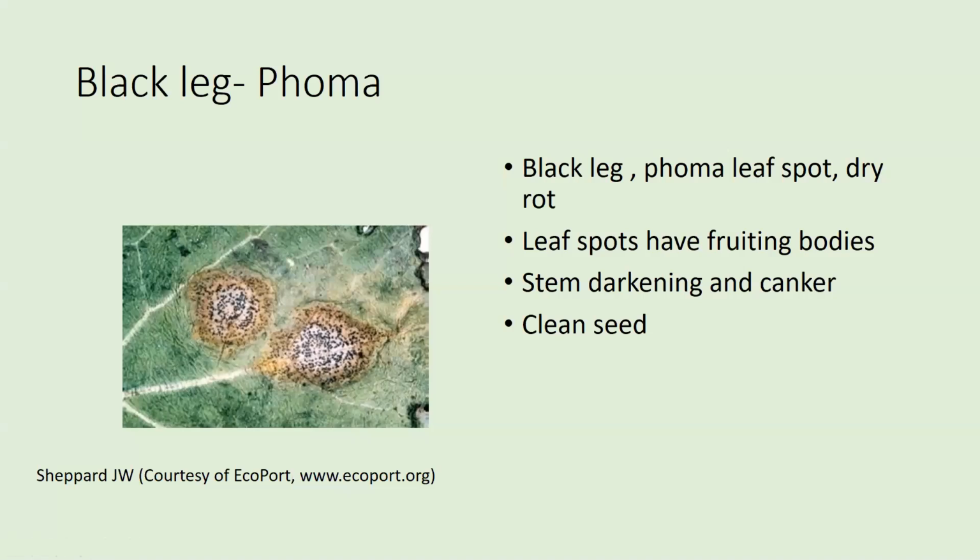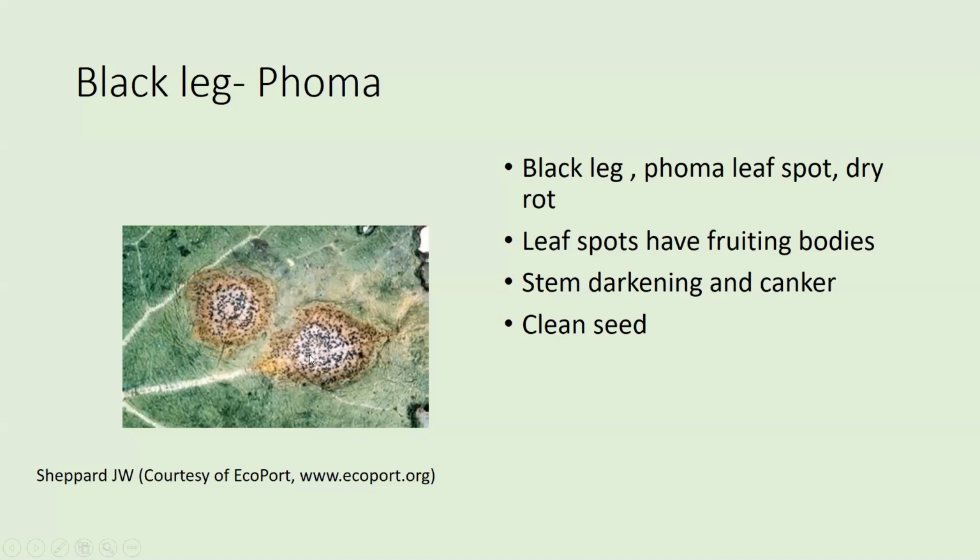And then blackleg, I often think of this as being an issue with animals, but plants do have something called blackleg. It can also be called Phoma leaf spot or dry spot. And this one, the leaf spots, they have the fruiting bodies.